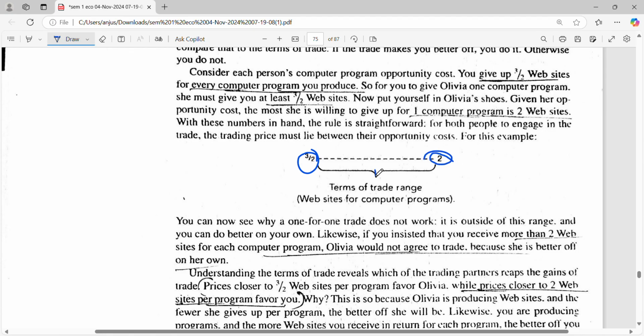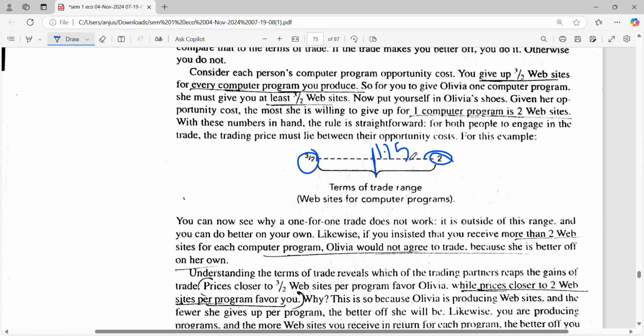So the price must be in between these, so that can be 1.75. This is how the trade is calculated. For one computer program, how many websites will you sacrifice? 3/2 websites, and she will sacrifice 2 websites.